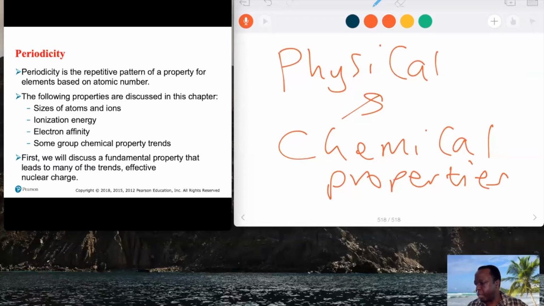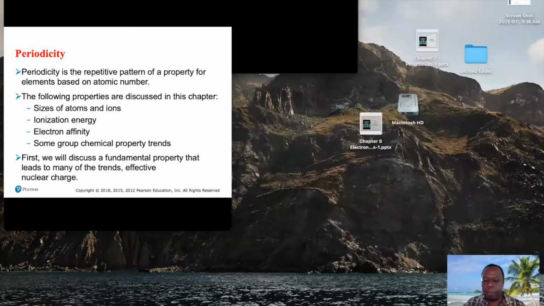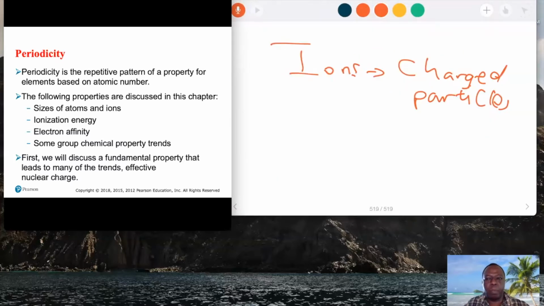charged particles, all right? And the size of ions will vary in a certain way on the periodic table.